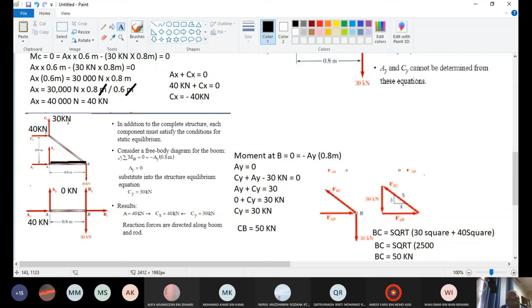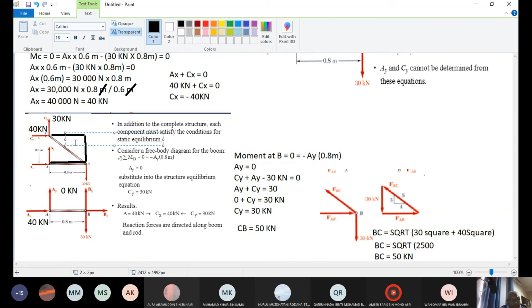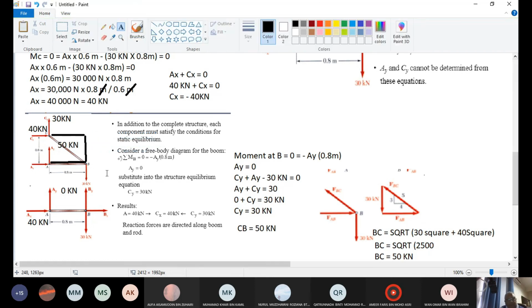Now you got 40, you got 30, but what we want is BC. How to get the BC? We have to use the theorem of Pythagoras: 40 squared plus 30 squared, square root. So that's why we have 50 kilonewton along the BC.